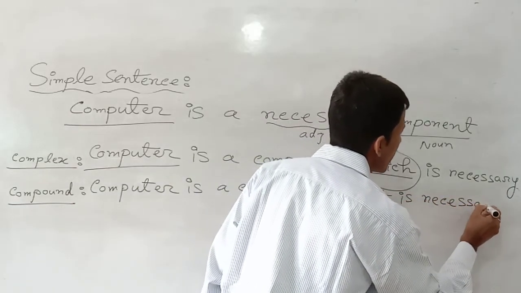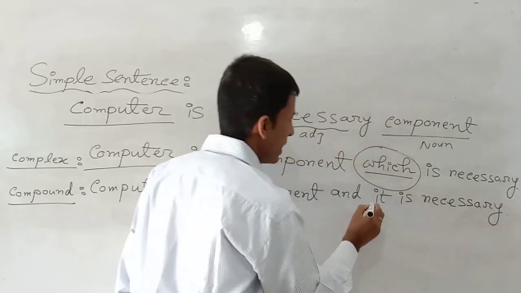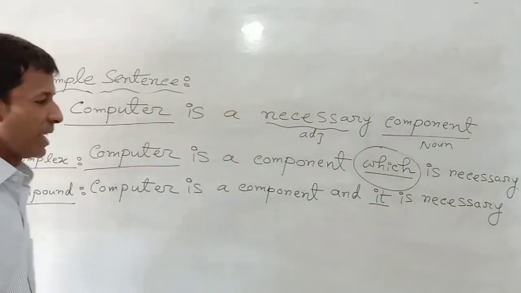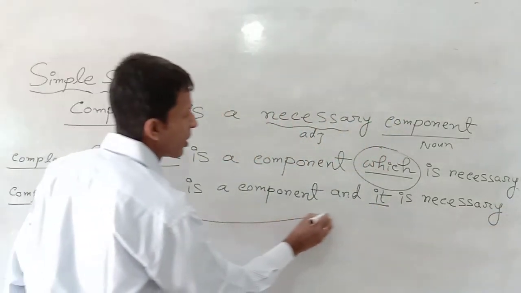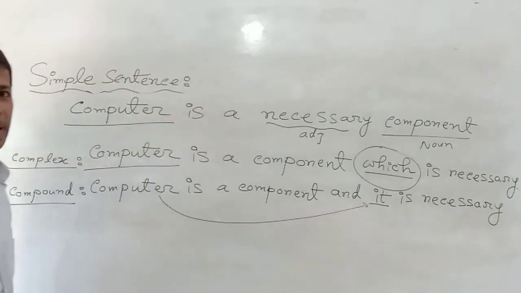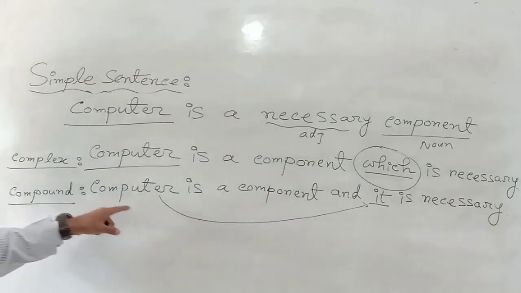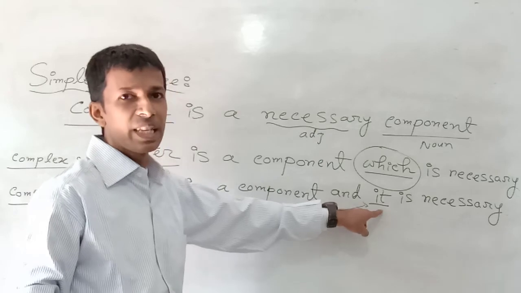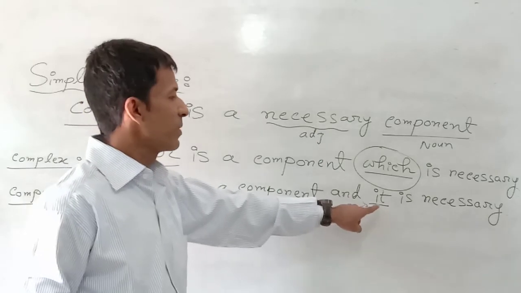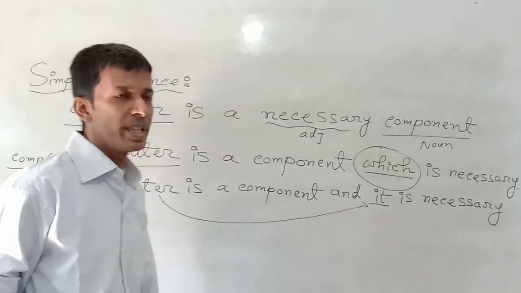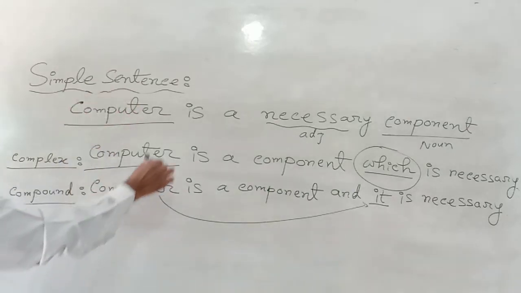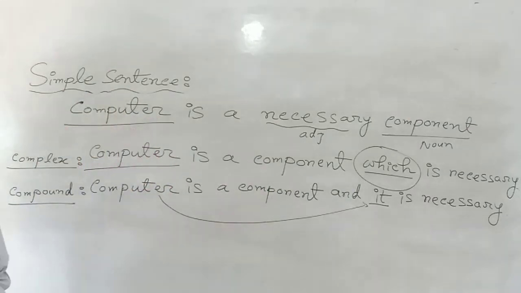Here it is used as subject as the alternative of computer. But in the previous example, I have used he. Such kind of personal pronoun, he, she or they, will have to be used if the subject is a person.